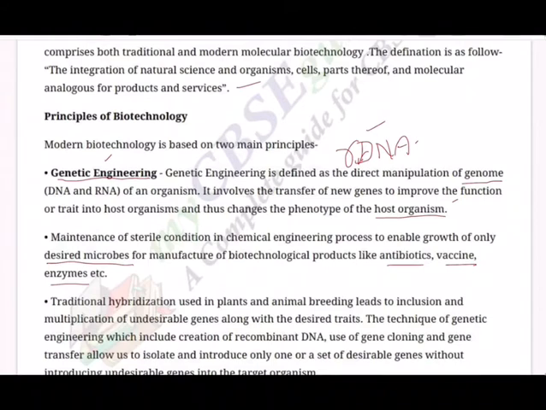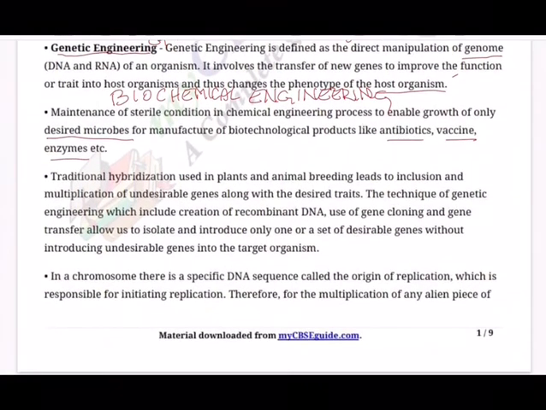So the two principles on which biotechnology is based are, one, genetic engineering, we will write it as GE, and the second principle is biochemical engineering. This is a new branch of engineering. Very few universities offer this, so you need to go to European countries for this.